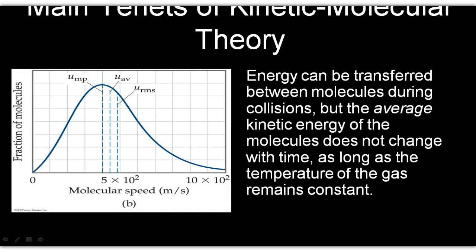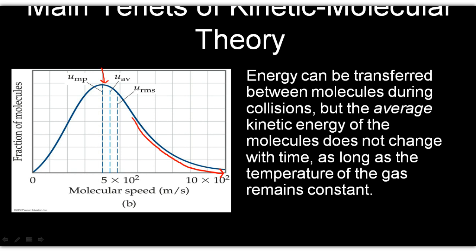Okay, moving on. Looking at this graph here, the main thing we're looking at is the speed of the particles. We're not going to spend a whole lot of time here, but just to mention this: first, notice that this curve is not a bell-shaped curve. It angles out a little further over here on the right. This peak is the most probable position for the energy of a particle, or actually, I should say the speed.